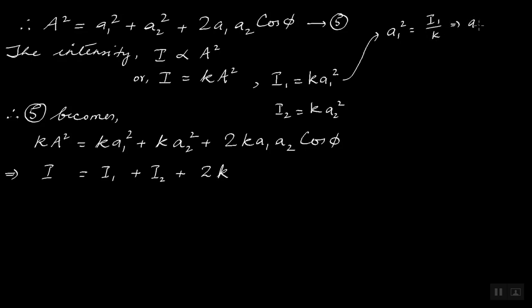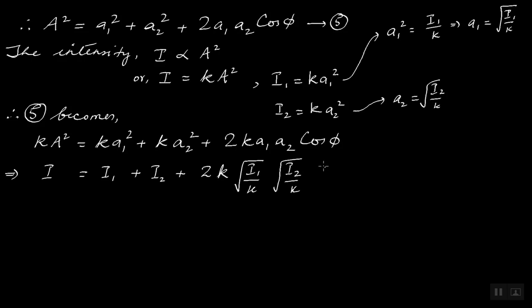So this implies a1 to be I1 by k under root. Similarly, from here, a2 will be I2 by k under root. So instead of a1, let me write I1 by k under root, and instead of a2, I2 by k under root, cos phi. I think this is clear.